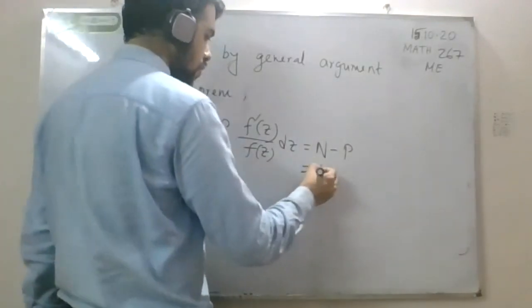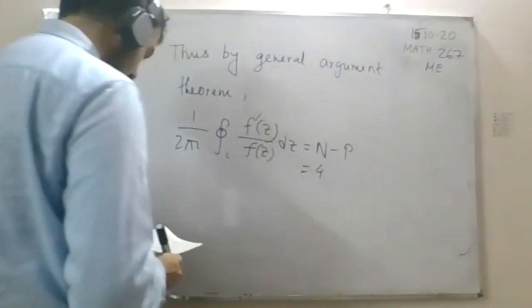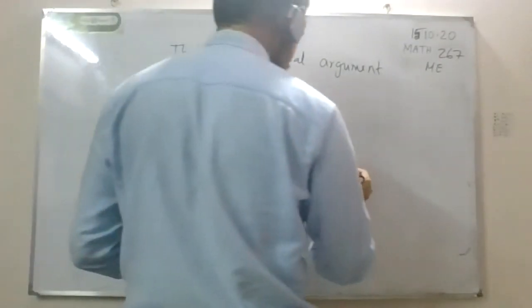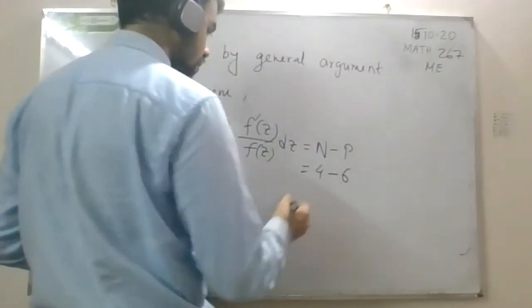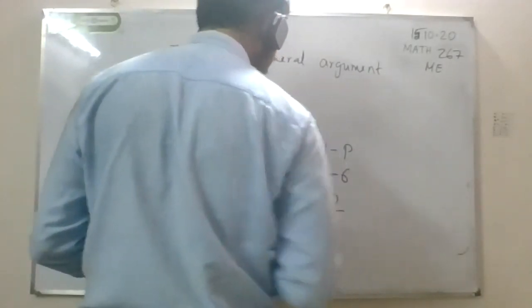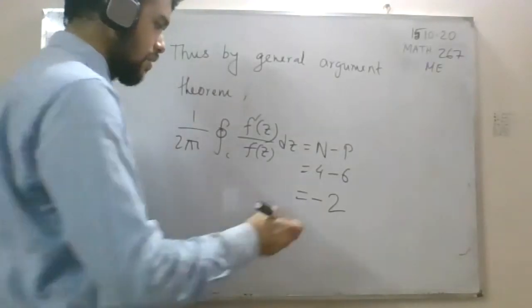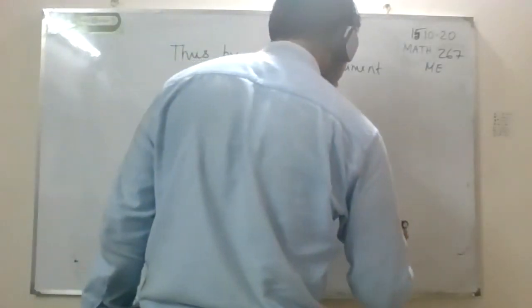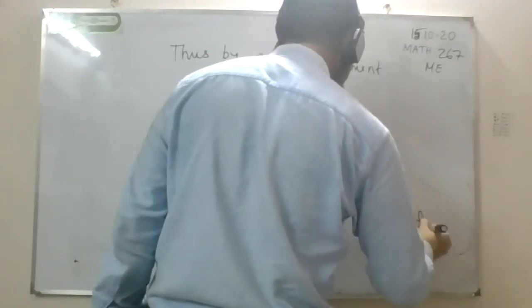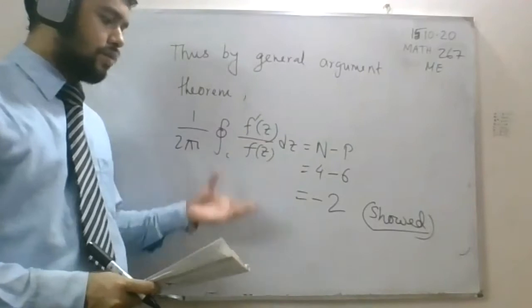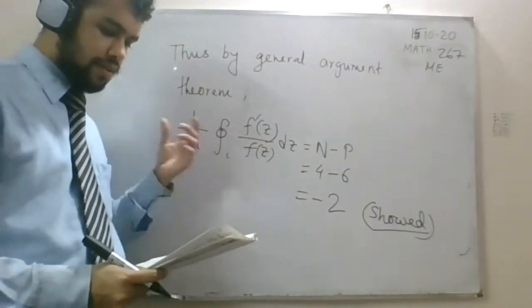We get 4, isn't it? And here the number of poles is 6. And from here you can say the theorem is proved.